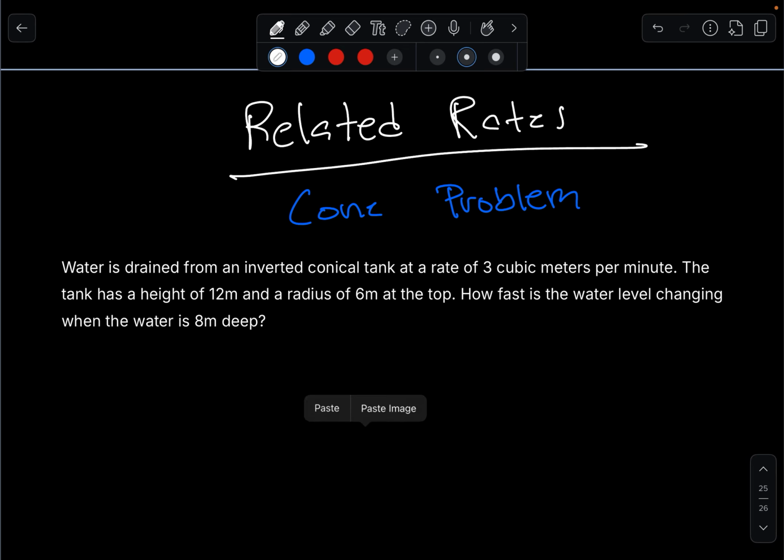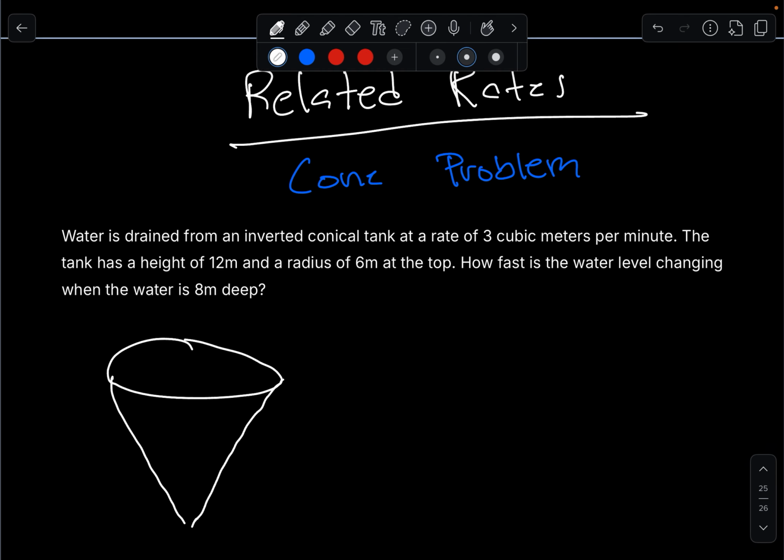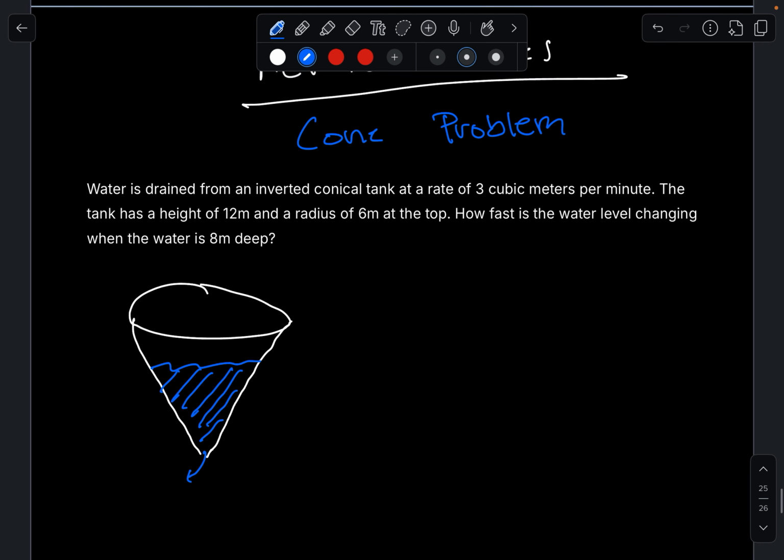So first things first, let's draw this out. So we have a cone, tank, something like that. We have water inside the tank that is leaving from the bottom at a rate of 3 cubic meters per minute.